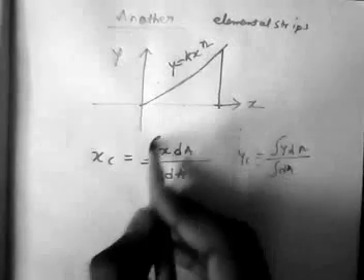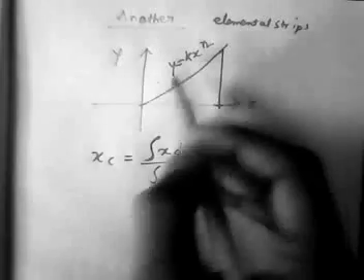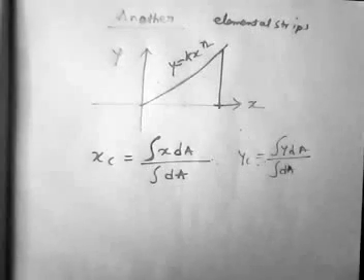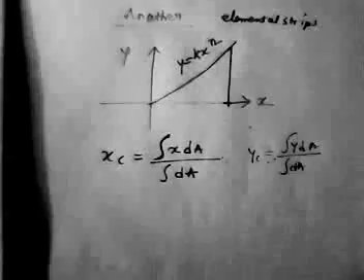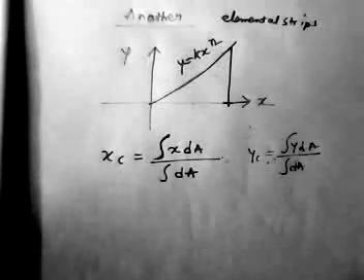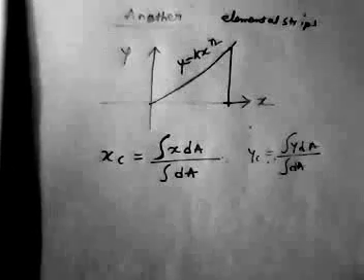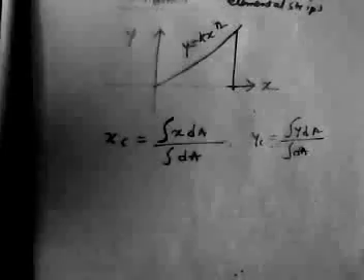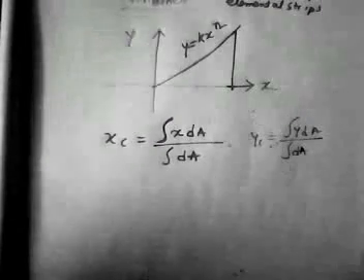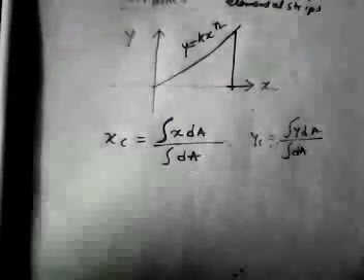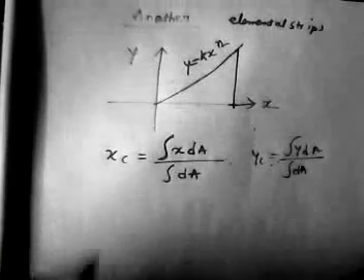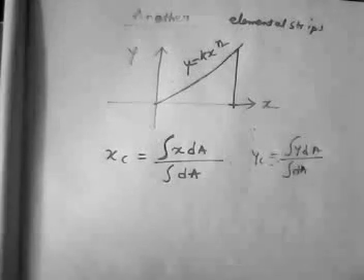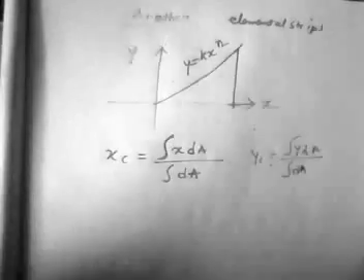The definition of a centroid, irrespective of the homogeneity and the gravity field, was x dA by dA, and for y it will be y dA by dA. It's a single integration we are doing.